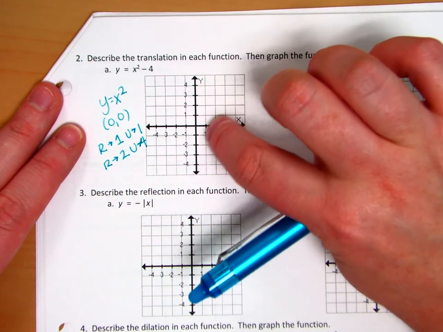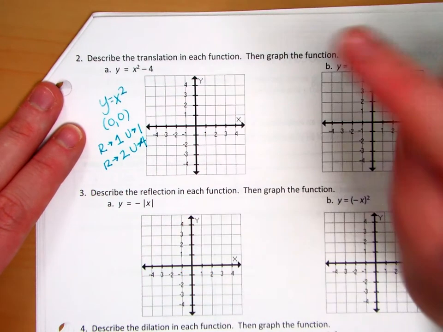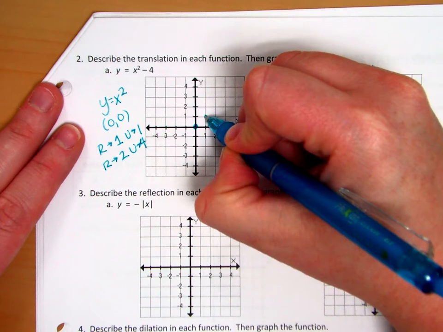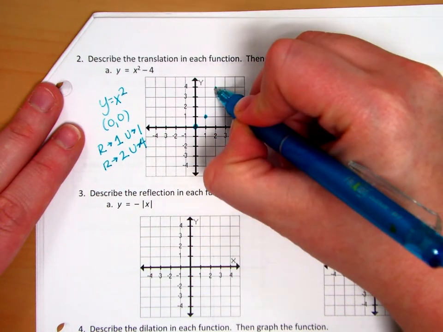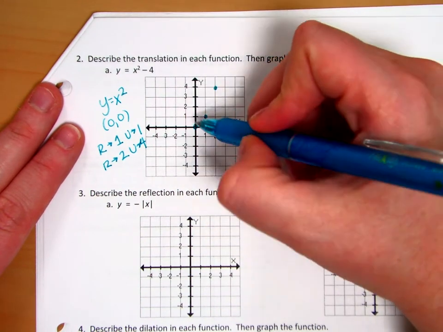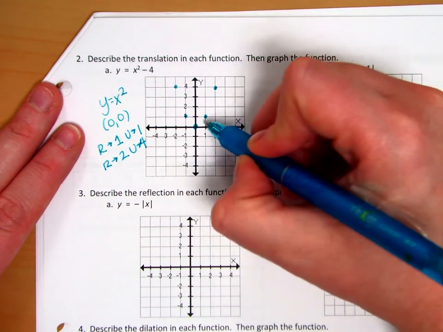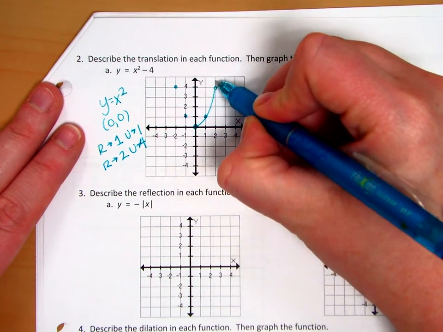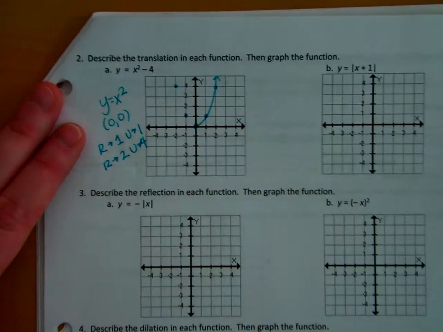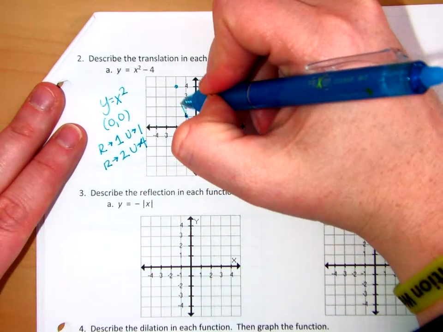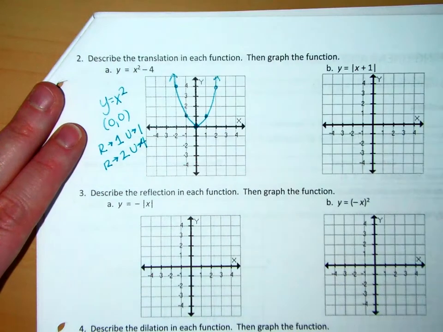Same thing if you go 1. 1 squared is 1. So parent function: 0, 0, right 1, up 1, right 2, up 4. It is mirrored, so I go left 1, up 1, left 2, up 4. This is the parent function, which looks like this.